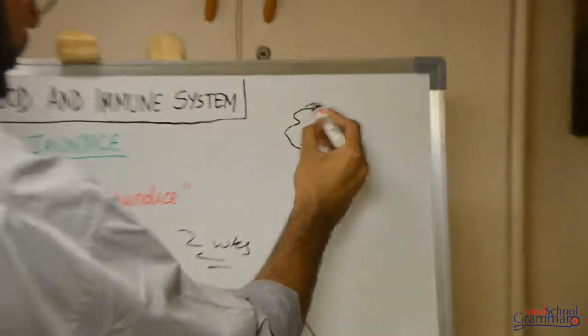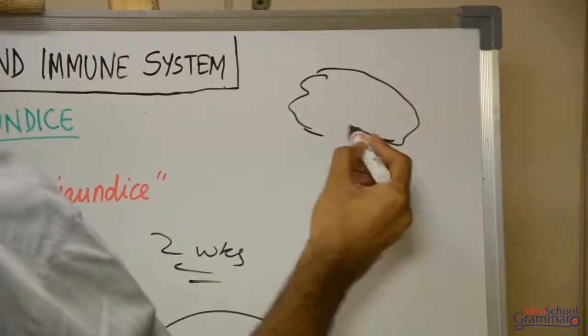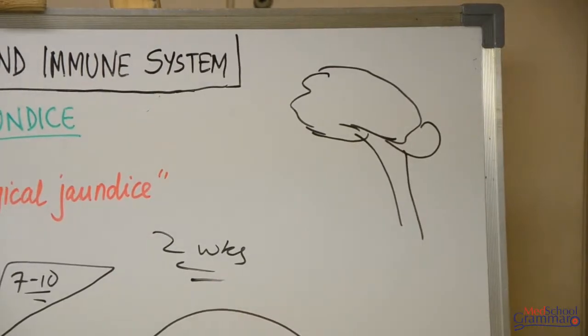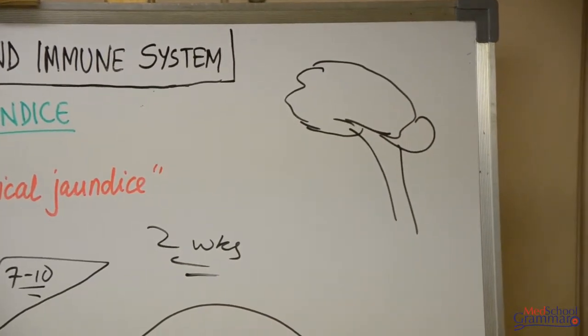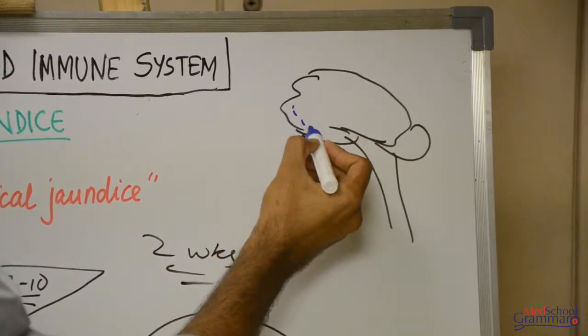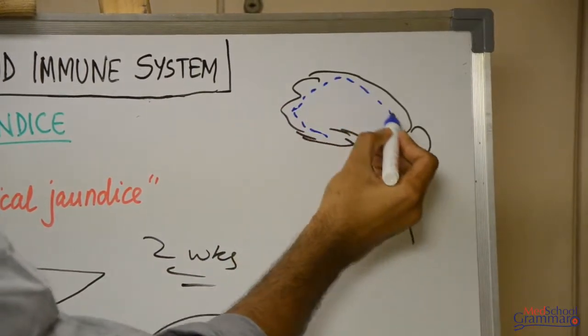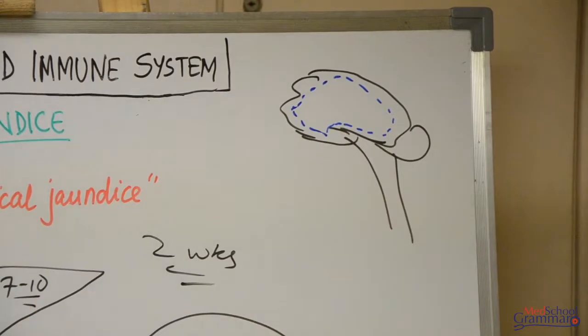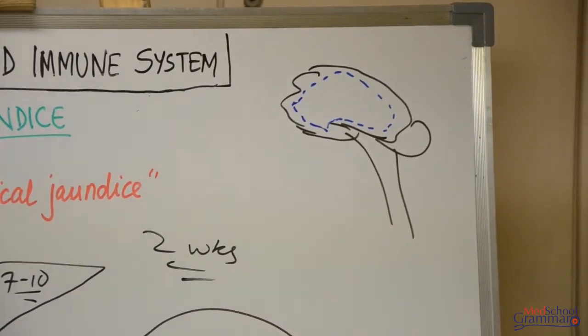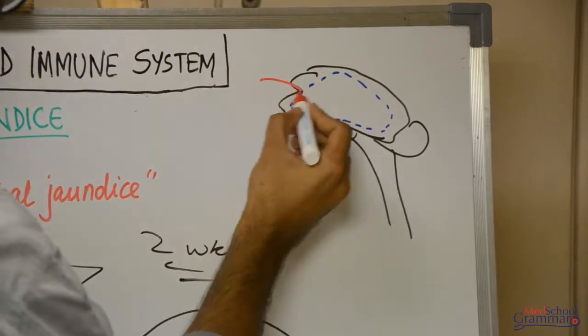Imagine this is the brain, okay, not actually a brain but still a brain for understanding purposes. And this here, for understanding purposes, we say this is the blood brain barrier, right, for understanding purposes only. This is a blood vessel, right, which is getting blood.